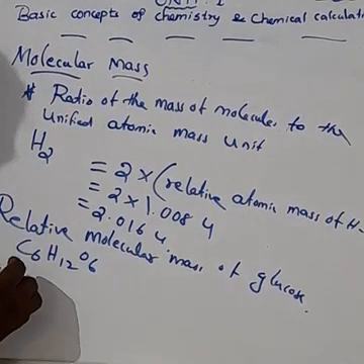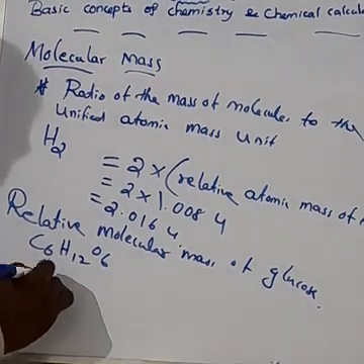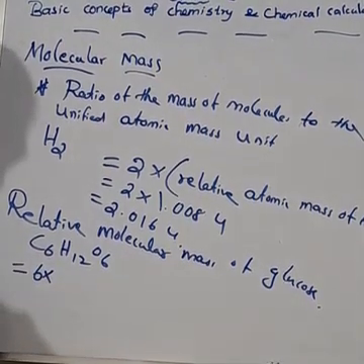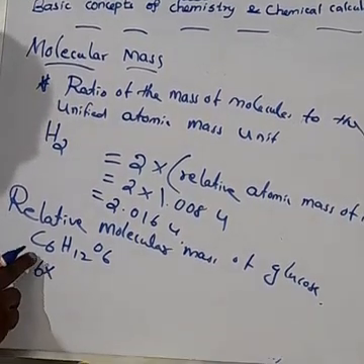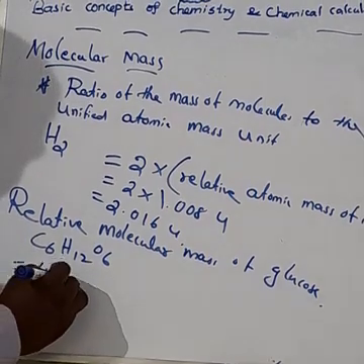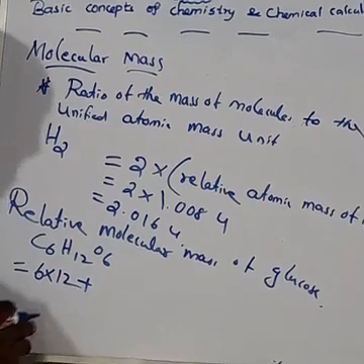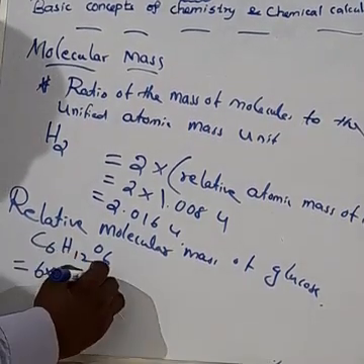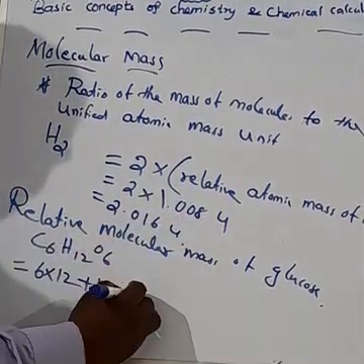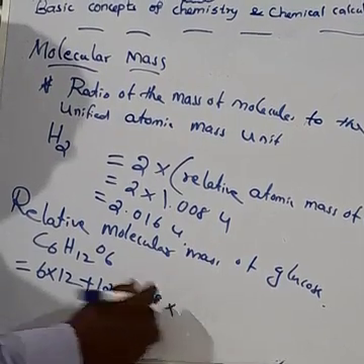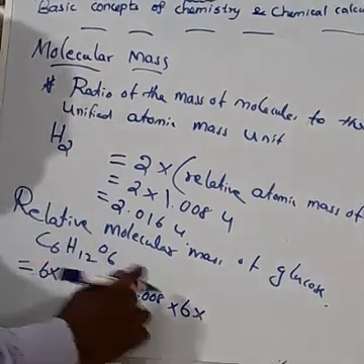You should multiply. How many elements for carbon? Carbon 6. 6 into, what is the mass of carbon? Atomic number is 6, mass is 12. 6 into 12 plus, number of hydrogen 12, so 12 into 1.008, plus oxygen 6, 6 into mass 16.